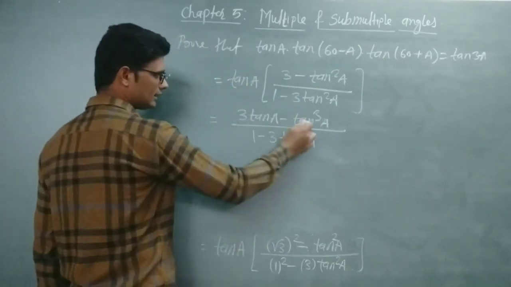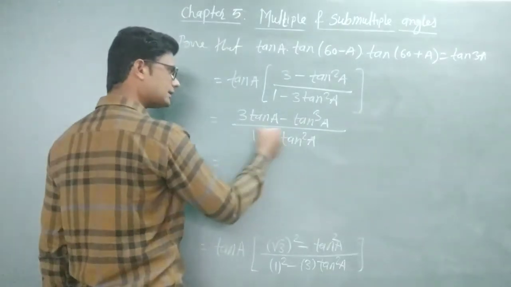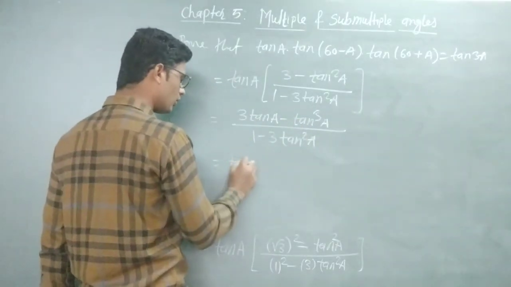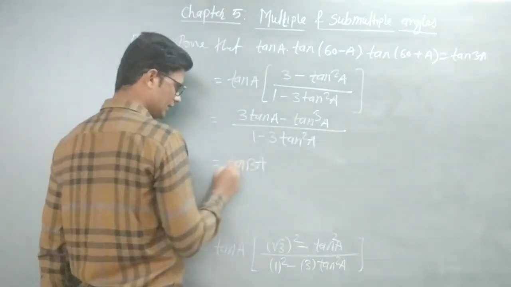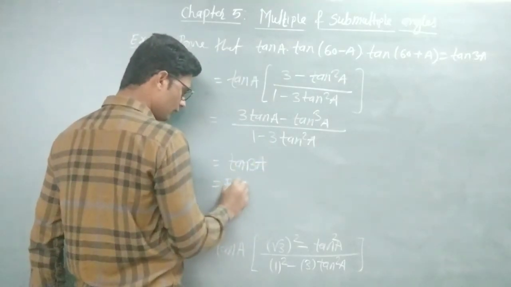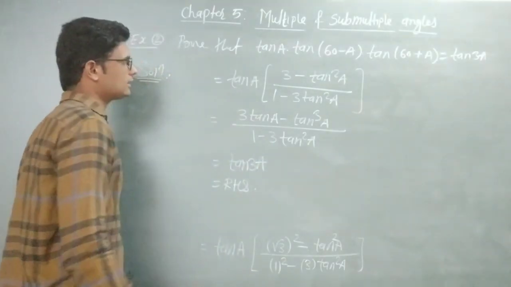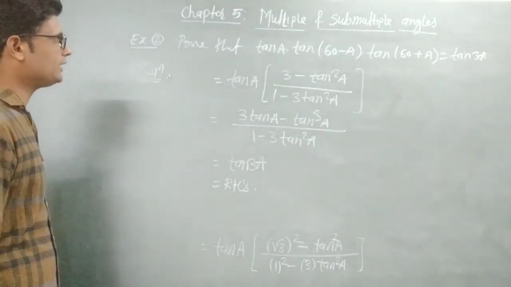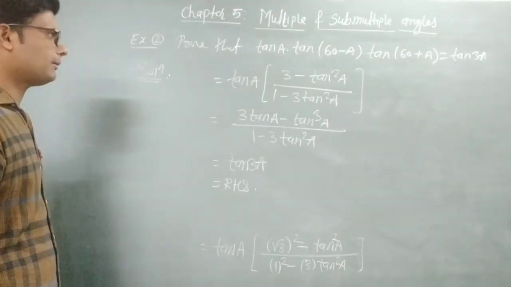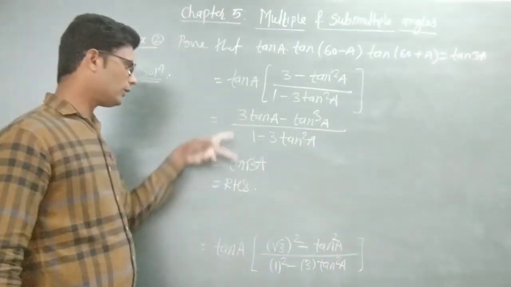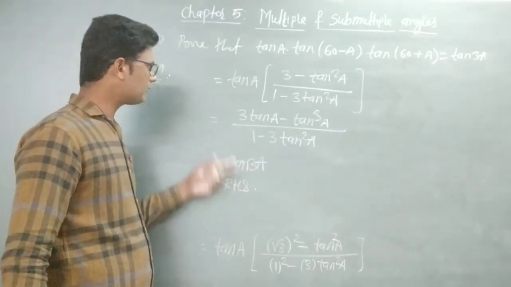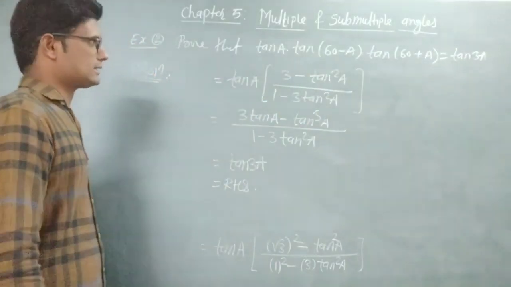So what you will get? This term. But what is this? This is the formula of tan 3A. So if you know the result or some formulas, then it is very easy to prove any example. Okay, so this is the formula of tan 3A. So I have written tan 3A, which is nothing but your RHS.